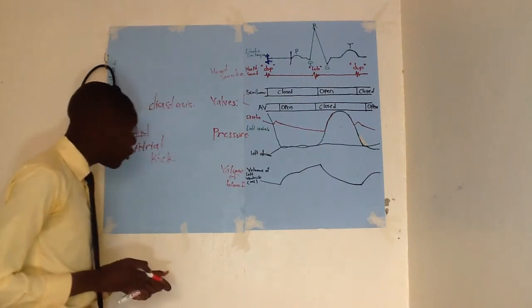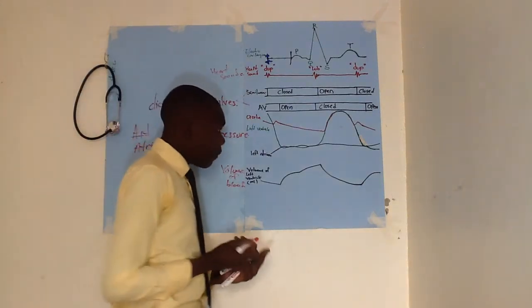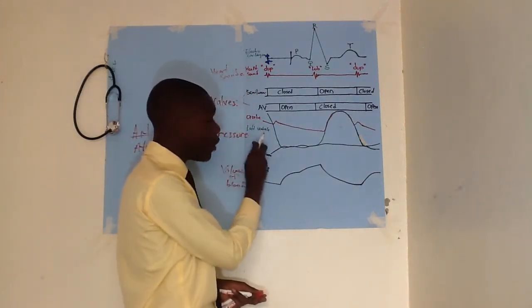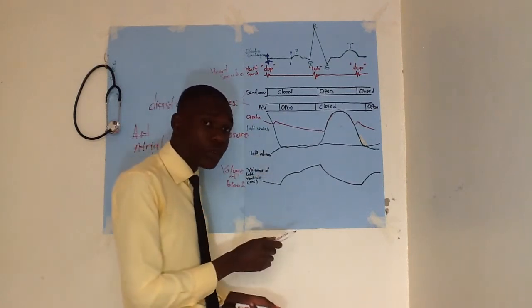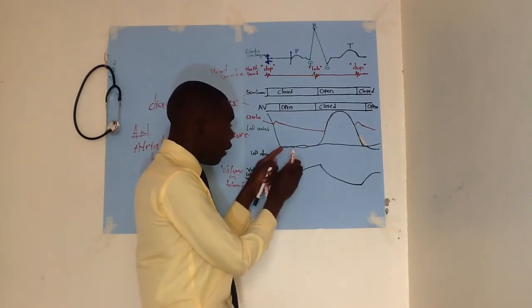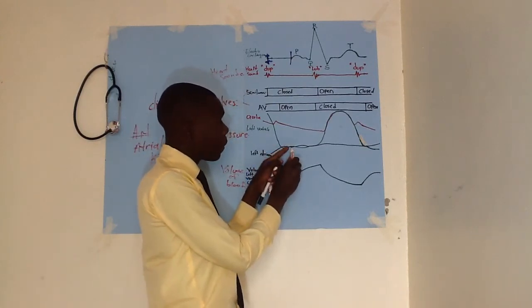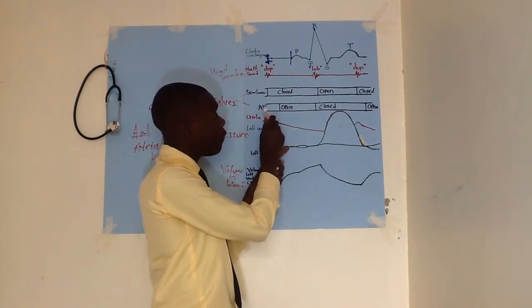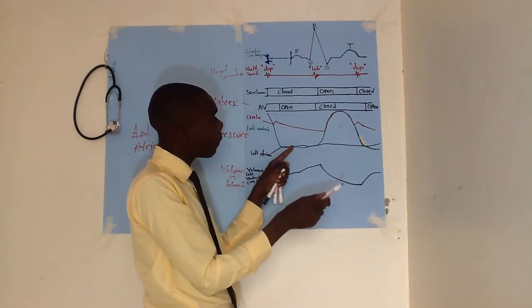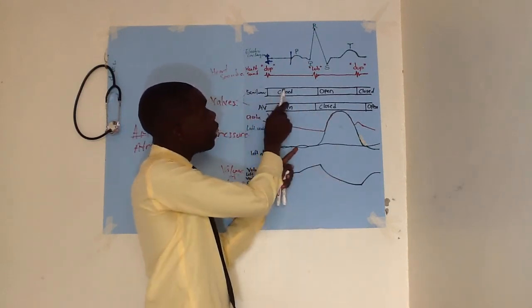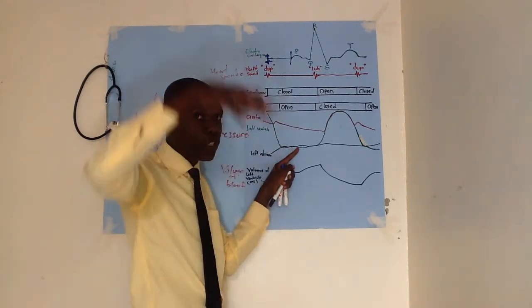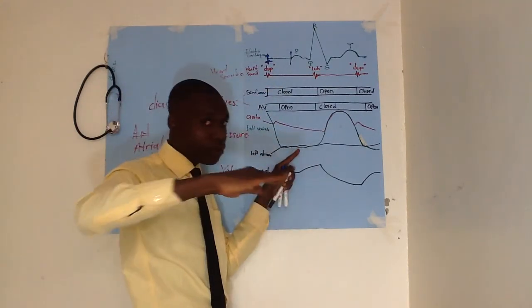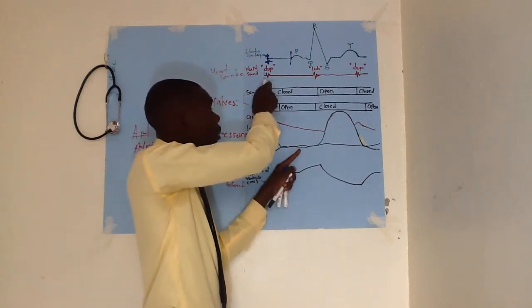So in this atrial kick, if we look at the pressure, comparing the pressure in the atrium and the ventricles, it's now equal. And the atrioventricular valves are still open. The semilunar valves have been closed because blood was trying to undergo regurgitation, it was trying to backflow. So they shut closed, making that sound.